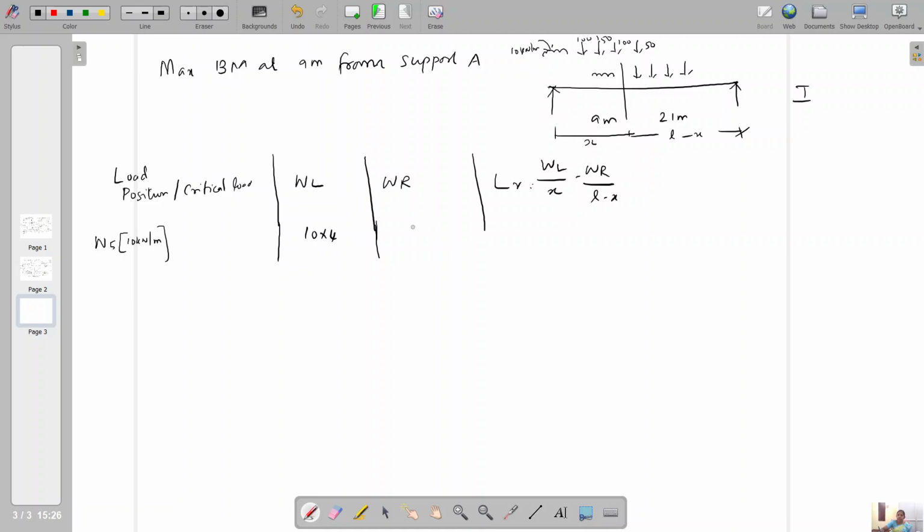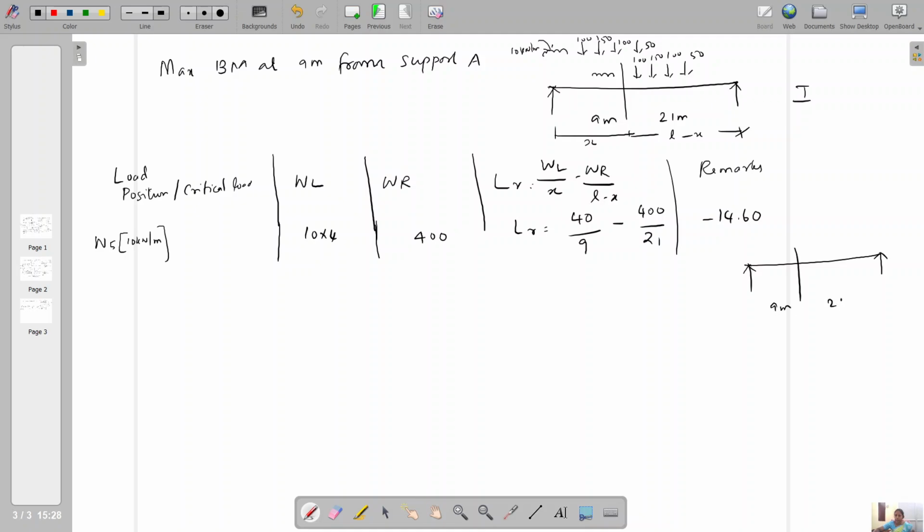On the right side, if you add up all the loads 50, 100, 150 and 100, the total is 400. So LR ratio equal to 40 by 9 minus 400 by 21. In remarks, you can mention positive or negative. Please calculate. I got minus 14.60.